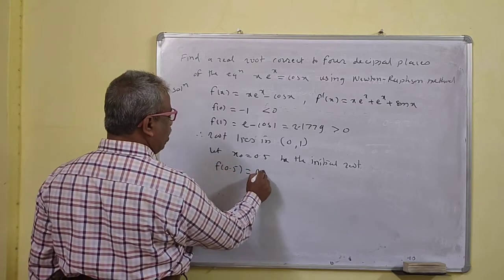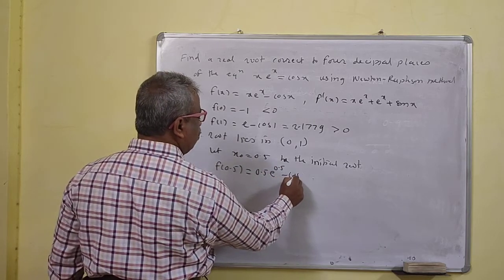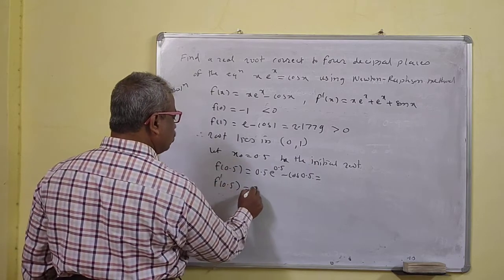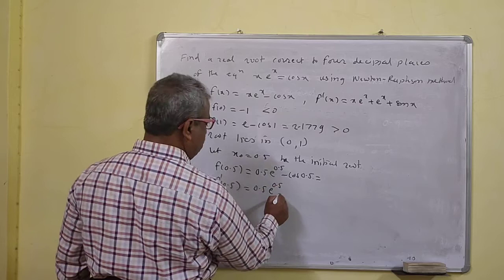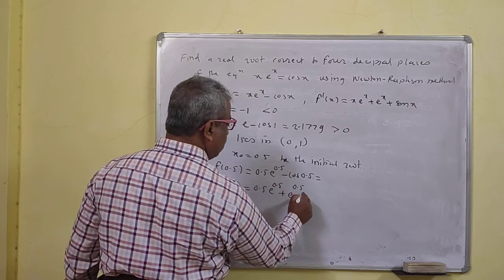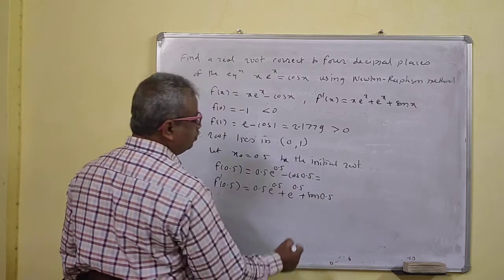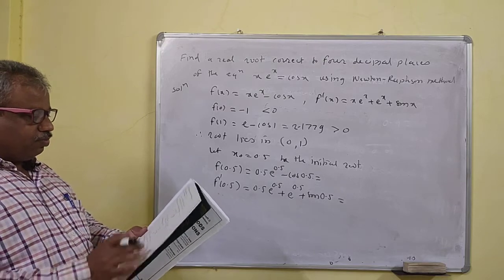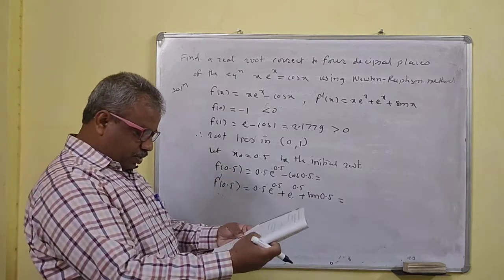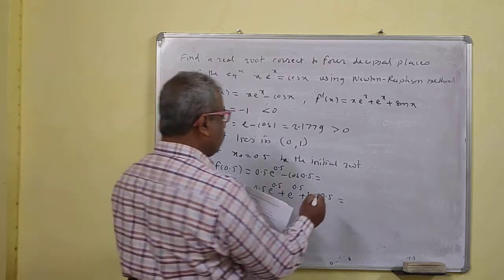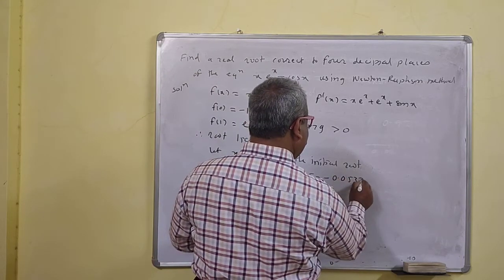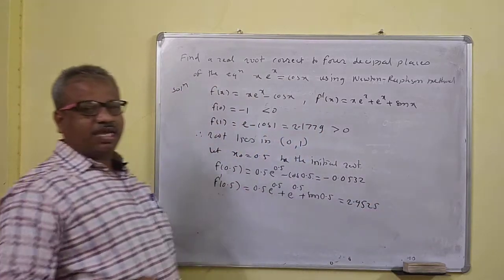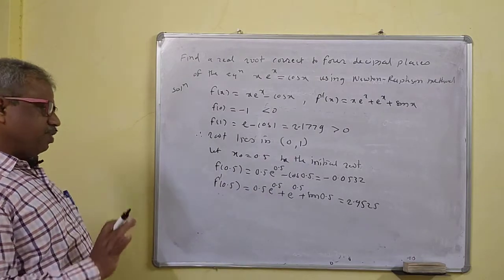F of 0.5 is 0.5 e raised to 0.5 minus cos 0.5, and you need f prime 0.5, which is 0.5 e raised to 0.5 plus e raised to 0.5 plus sine 0.5. So whatever the values we get, this will be minus 0.0532 and this is 2.9525. We are not checking whether the value is positive or negative; whatever we get, we are accepting that one.